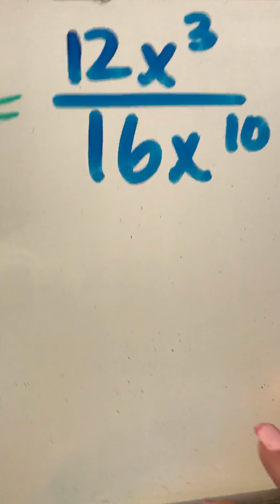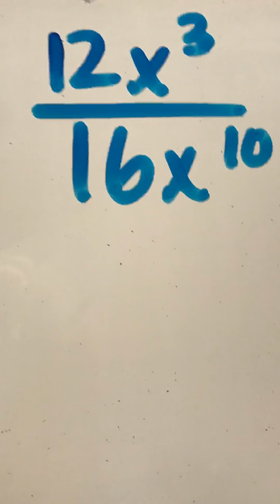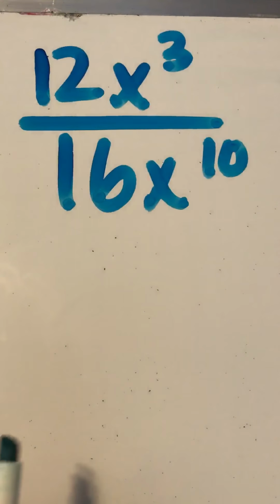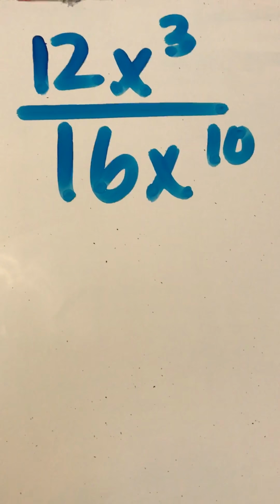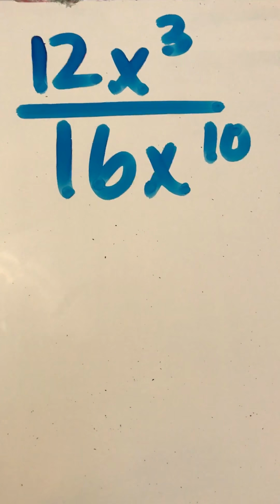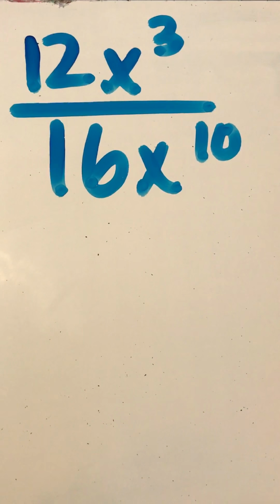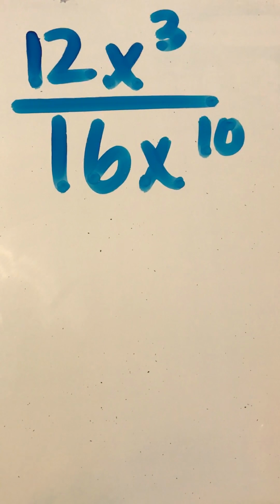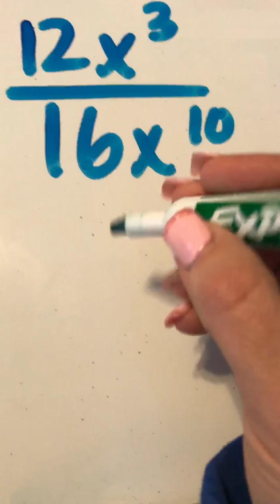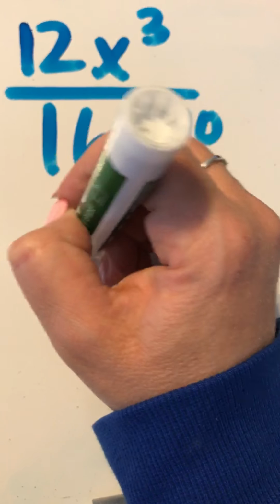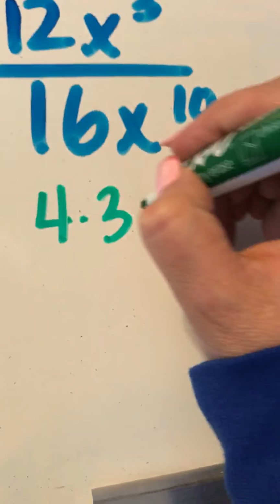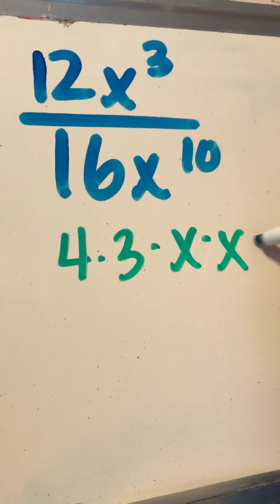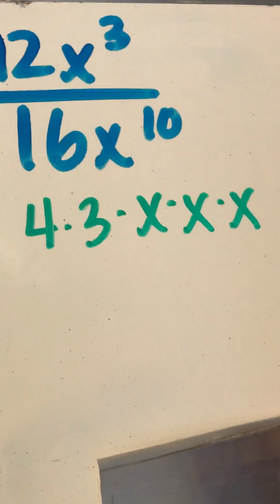Okay, so looking at these two monomials, I can see that 12 and 16 both have a common factor of 4. That's just something I know from the pattern here. All right, so if I know that they both have a factor of 4, then I want to use that factor of 4. So I'm going to factor the numerator as 4 times 3 times 3 x's.